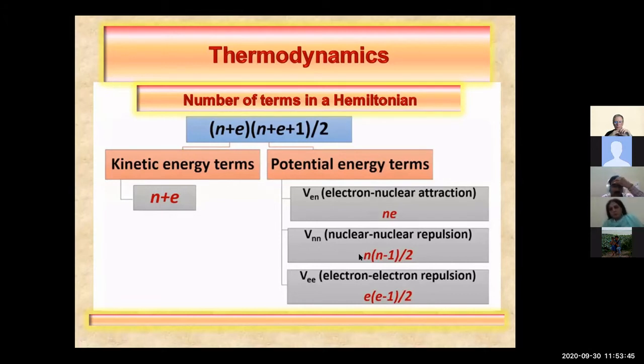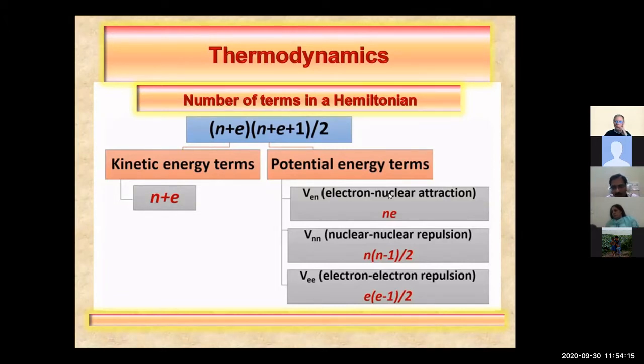The nuclear repulsion terms are n(n-1)/2 in number, and e(e-1)/2 are the electron repulsion terms. So this is the breakdown of the number of terms we get in the Hamiltonian for a multi-electron, multi-nucleus system.